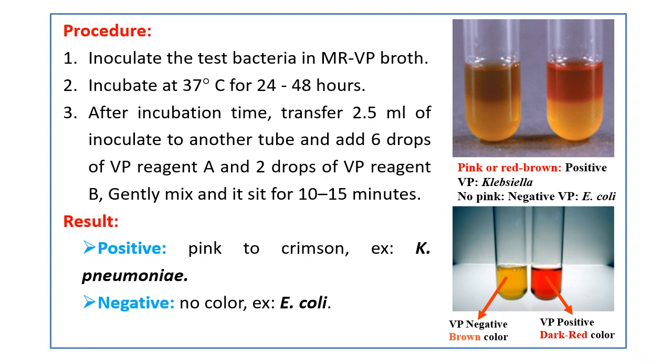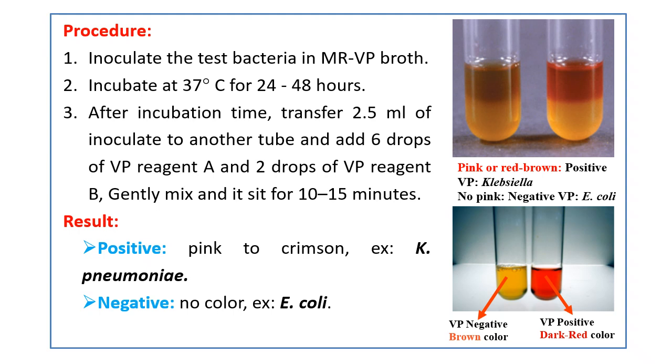After the incubation time, we transfer 2.5 milliliters of the broth that contains the bacteria into another tube. Add 6 drops of reagent A, then add 2 drops of reagent B. Mix gently and wait for 10 to 15 minutes.